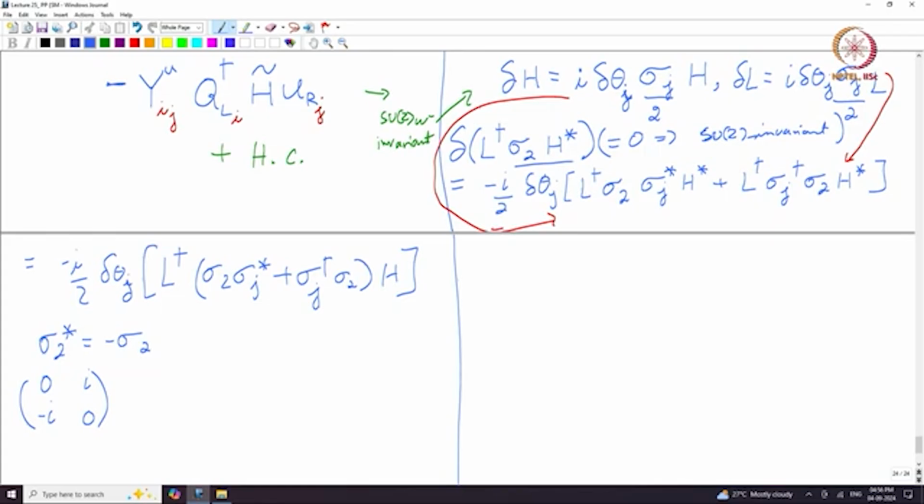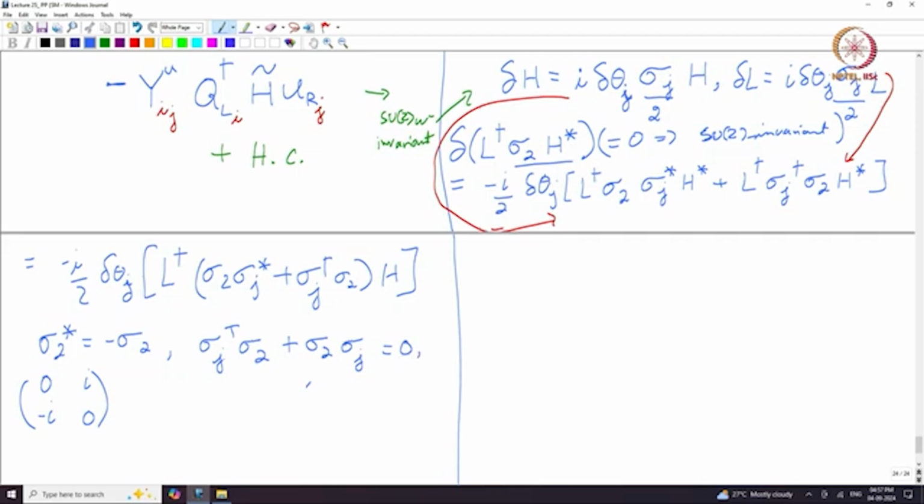Another is that I'm going to make use of this identity. If I take the Pauli matrix and hit it with sigma 2, okay, and then I take the transpose first, and then I don't take the transpose later.